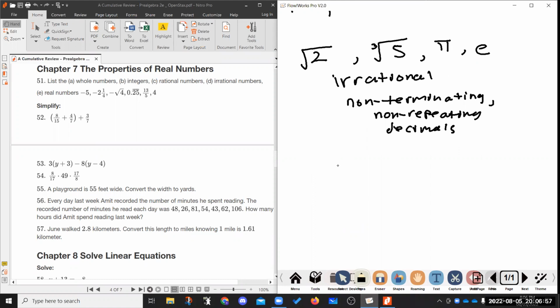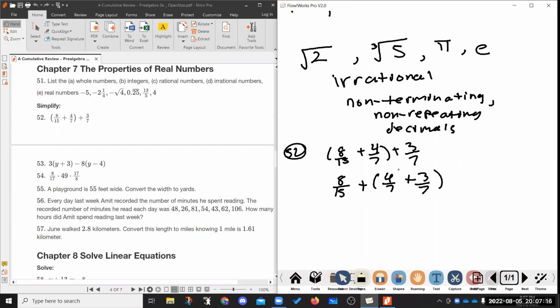So let's keep going here with number 52. 52 asks us to simplify 8/15 plus 4/7 plus 3/7. I'm going to use my associative property here to regroup because it's all addition. This 4/7 plus 3/7 gives me 1.